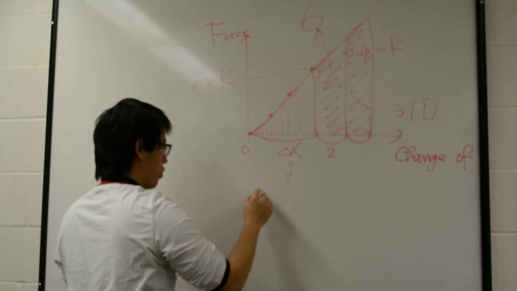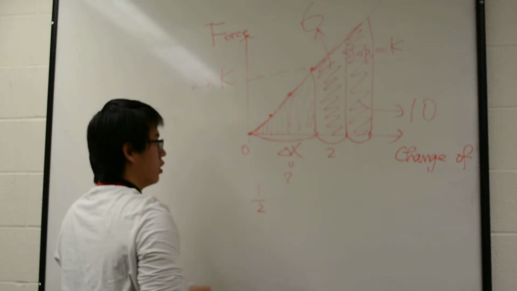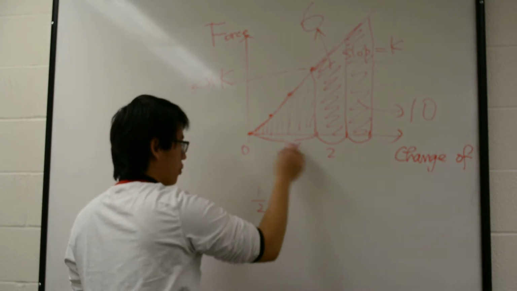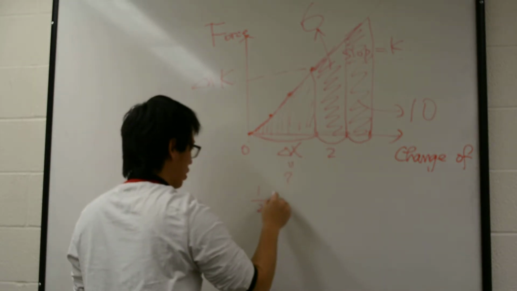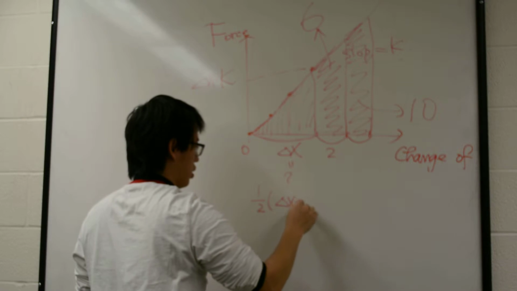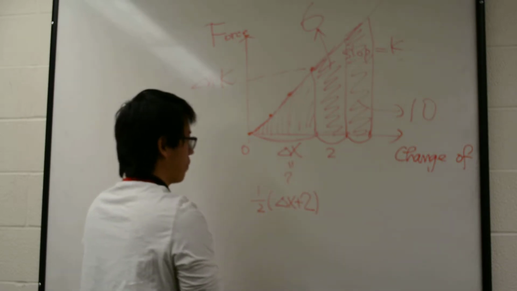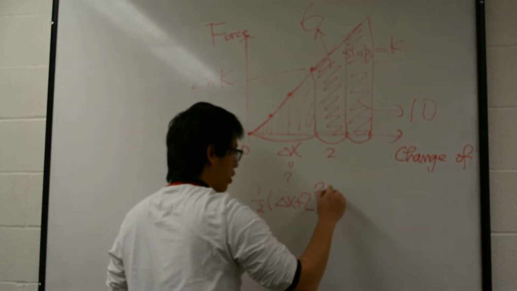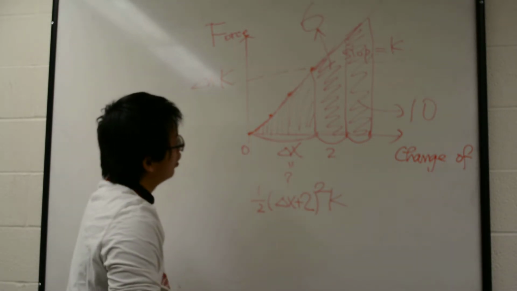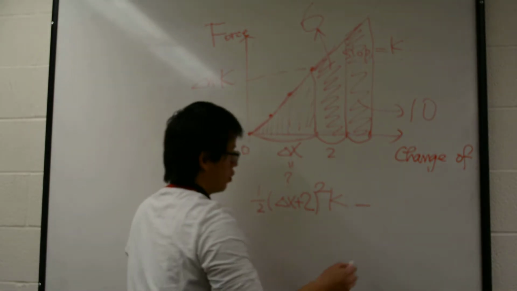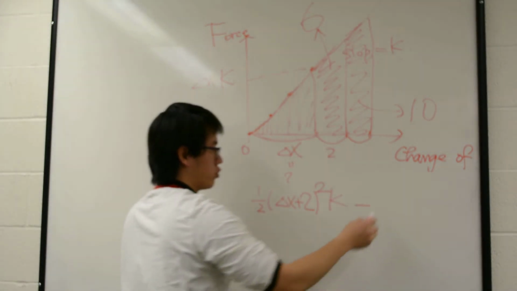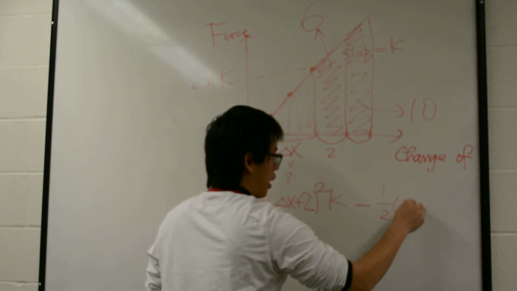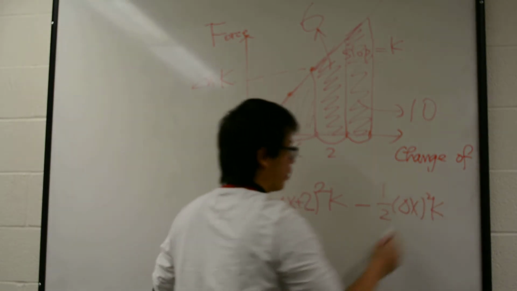The middle triangle is 1/2 times delta x plus 2, squared, times k, and you minus the small triangle, which is what you just computed, 1/2 delta x squared times k.